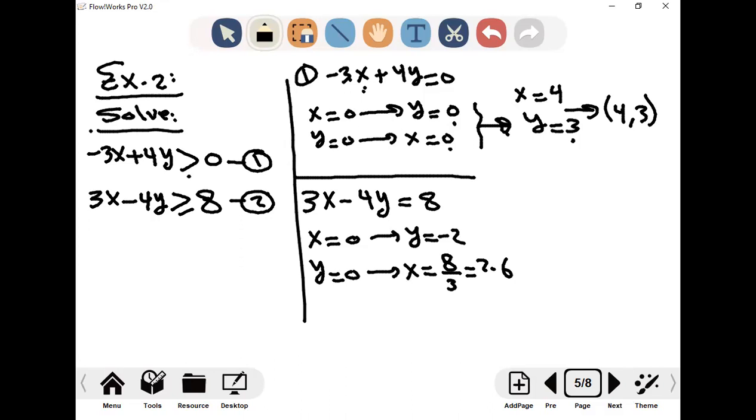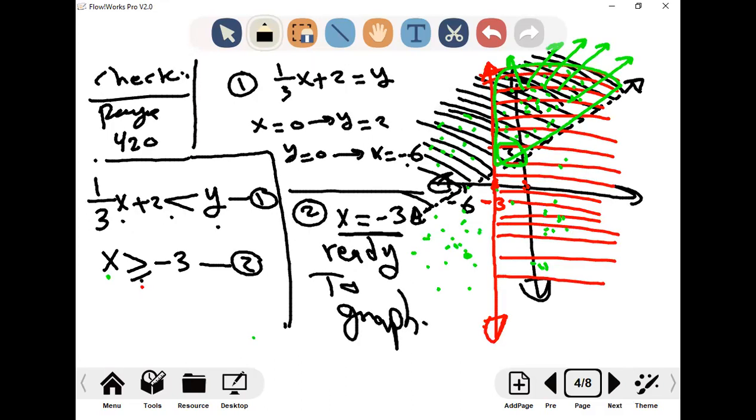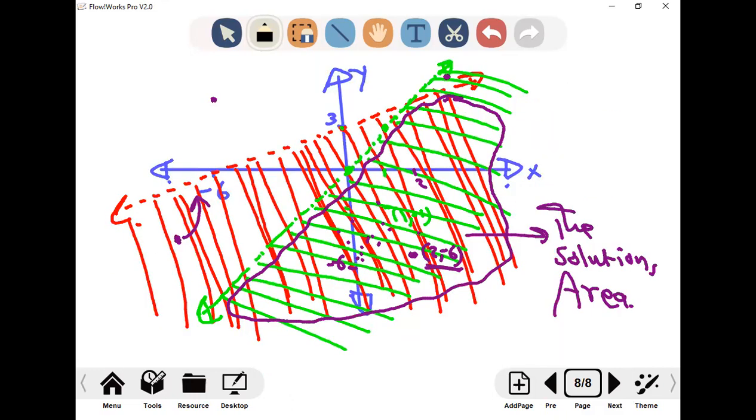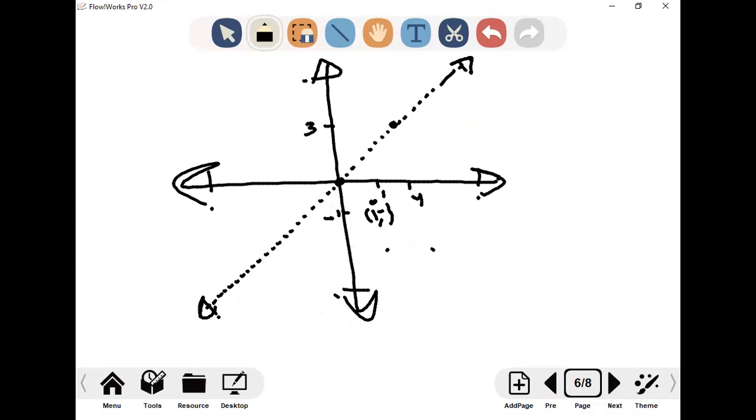Do you understand me? The solution will be where? Here. In the upper left side.